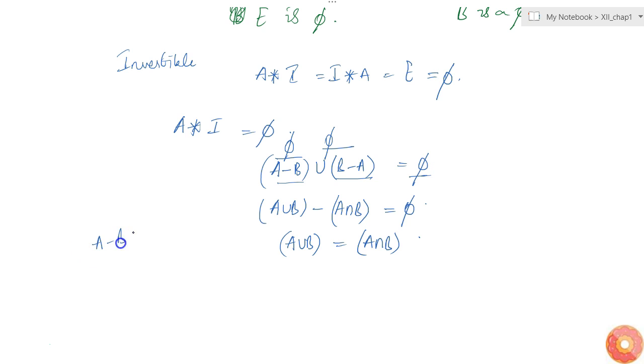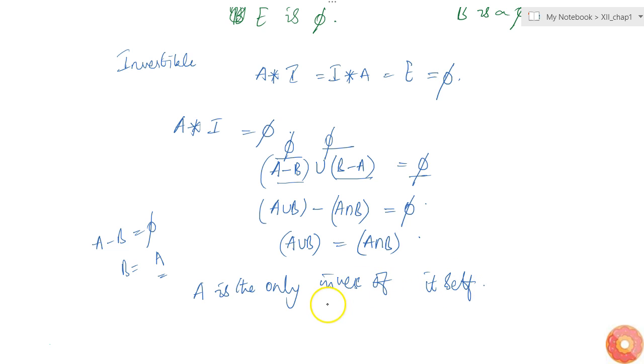That means A minus I is equal to phi, and I is equal to A itself. That means A is the only inverse of itself. And here by actually finding the inverse, we also showed that its inverse exists.